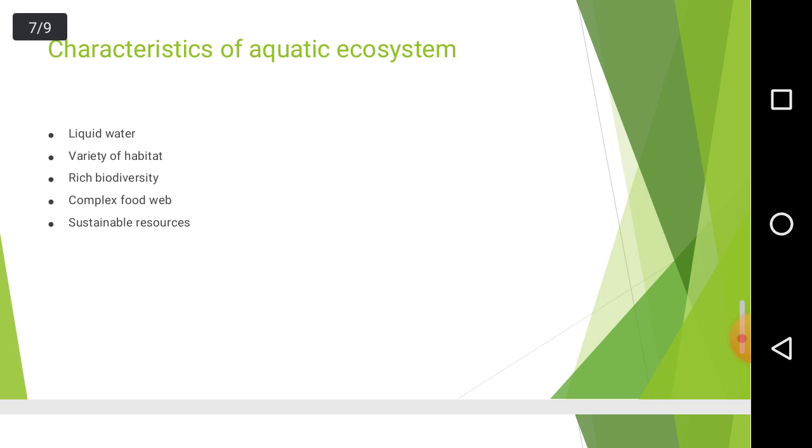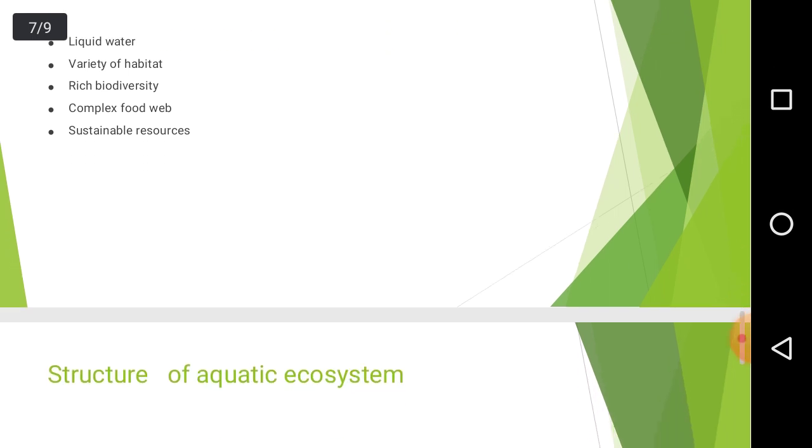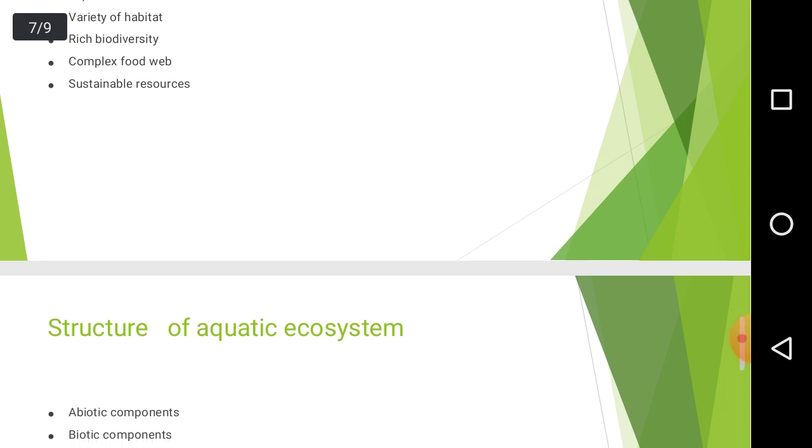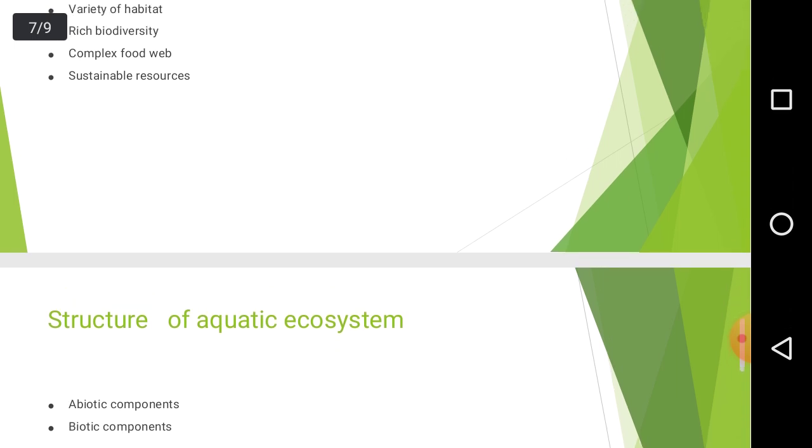On the variety of habitat, the aquatic system provides different places where animals can live. For example, animals can live from deep oceans to shallow marshes. Thirdly, rich biodiversity. The ecosystem provides support to a wide range of plant and animal life. Complex food web.